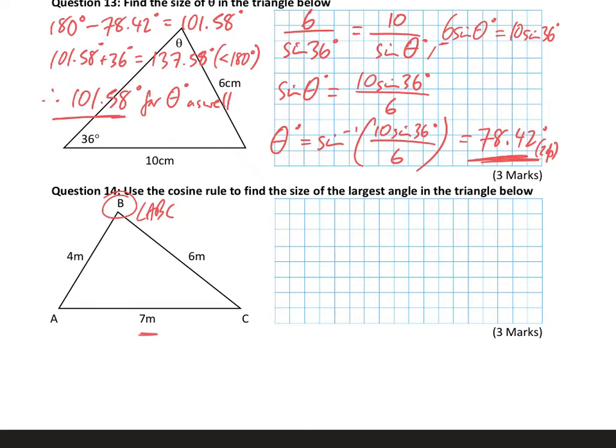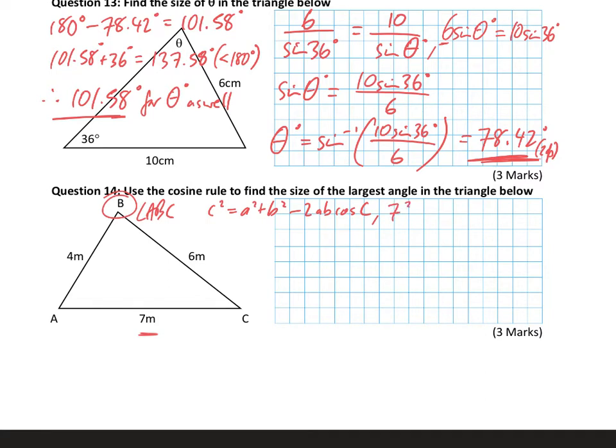So remember, the cosine rule was c squared is equal to a squared plus b squared minus 2ab cos C. C squared, which is opposite the angle, is 7 squared.